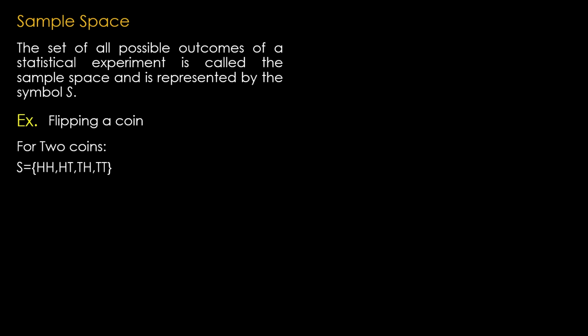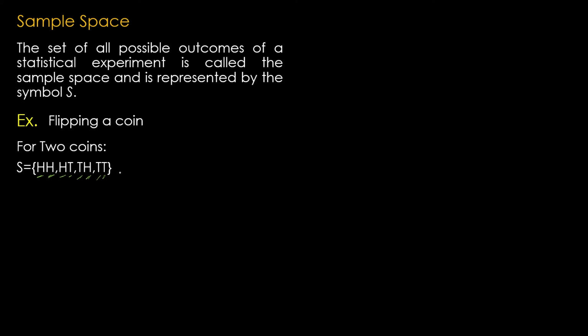If you have two coins, at the first flip you may have a head, and at the second flip you have a head. Okay, that's a possibility. Another one: in your first toss you have a head, and another one is tail. Or you can have tail, head, and tail.